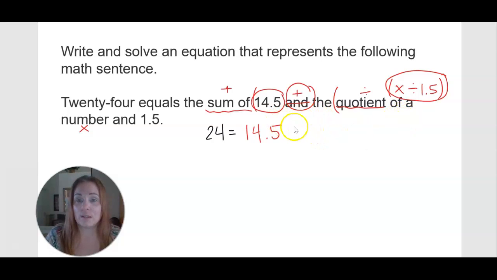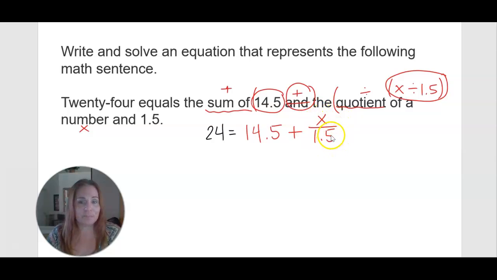So I'm finding the sum of 14.5 and the quotient of a number and 1.5. So that would be my equation. 24 equals the sum, I'm adding, of 14.5 and the quotient of a number and 1.5.